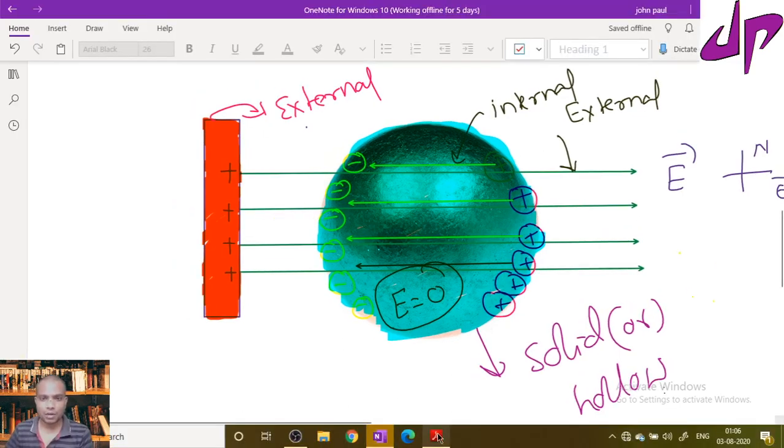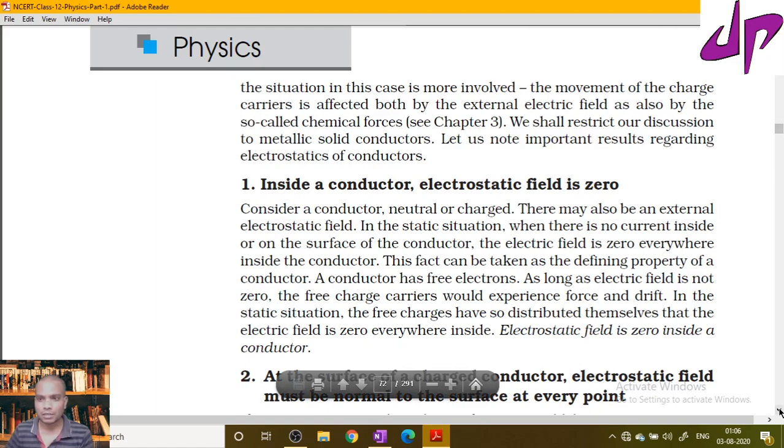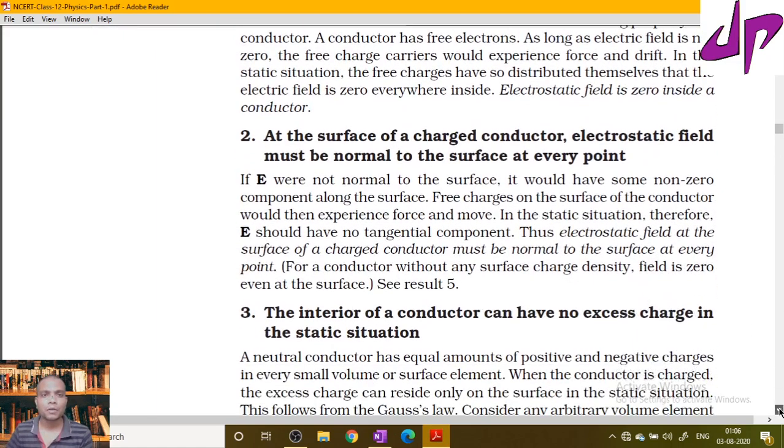Now let's see another concept for the electrostatics of conductors. Second point: at the surface of a charged conductor, the electrostatic field must be normal to the surface at every point.